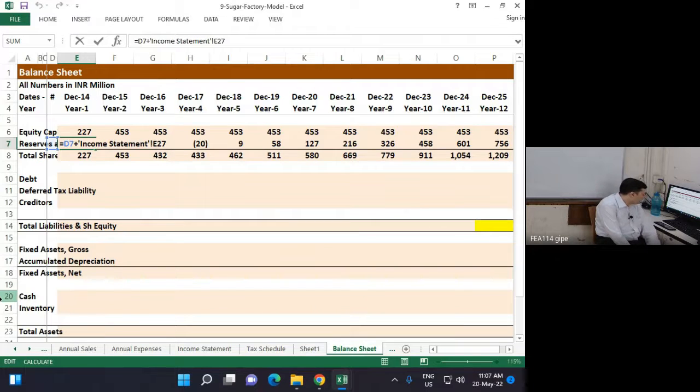Now tell me total liabilities and shareholders equity for year 12. You have already calculated. All the line items have been calculated in the other pages. No need to compute it again.